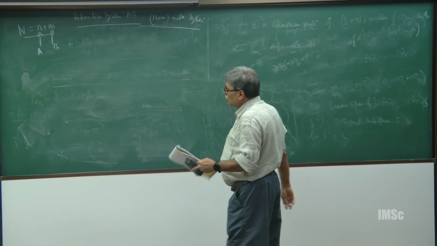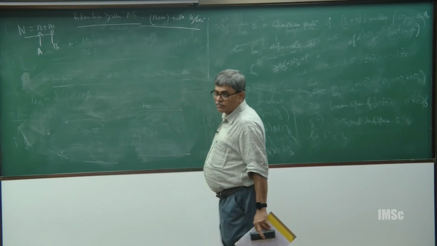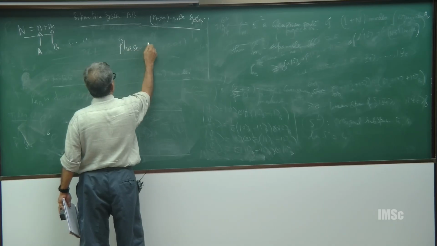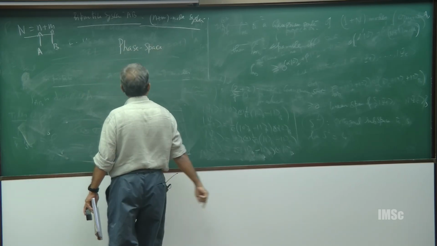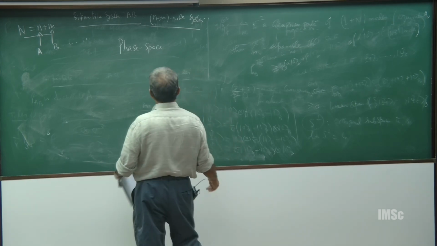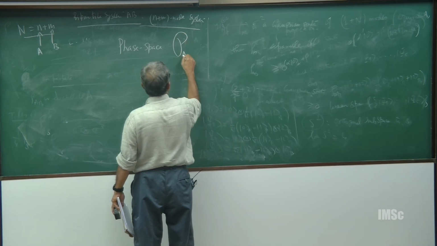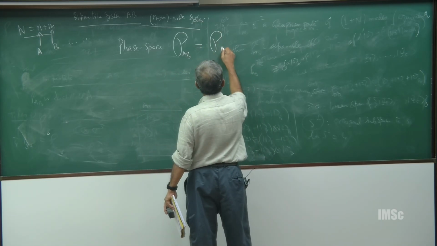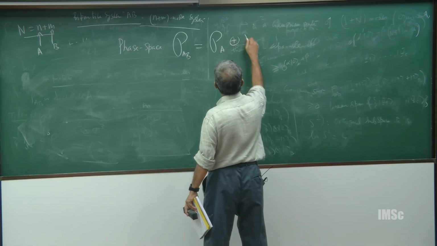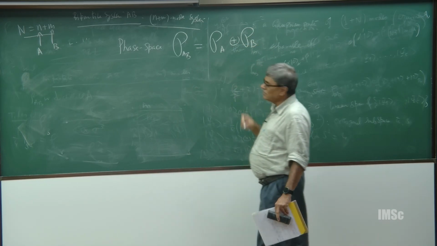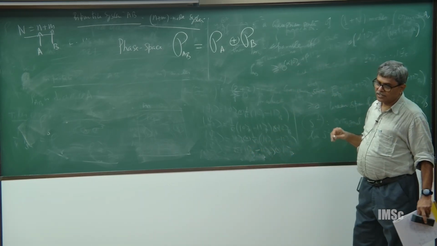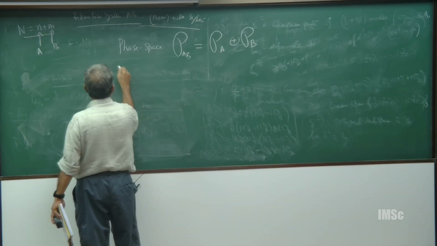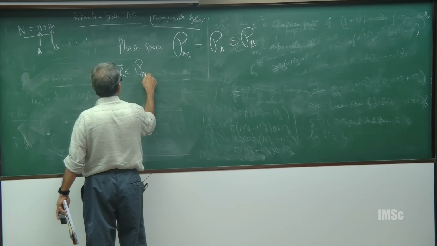So, the phase space. If I look at the phase space, let me call it PAB. This phase space is the phase space for subsystem A direct sum the phase space of subsystem B. Do you agree with this? Because this R vector is an element of this phase space.